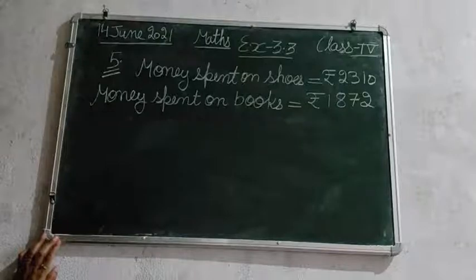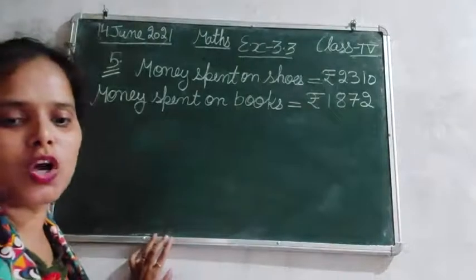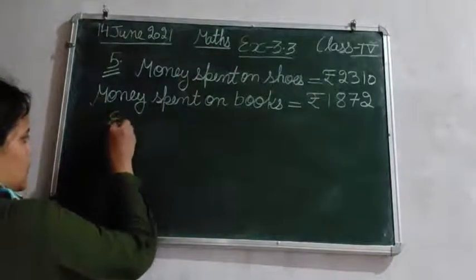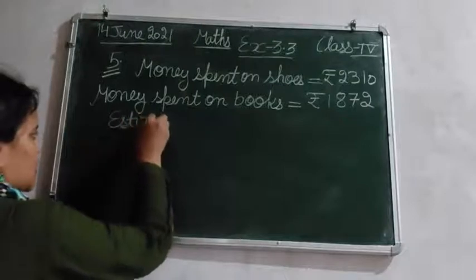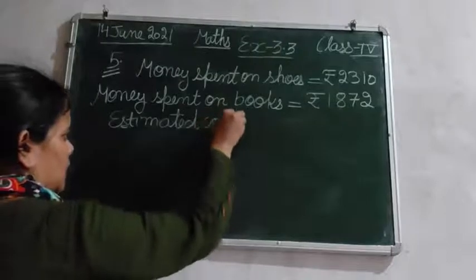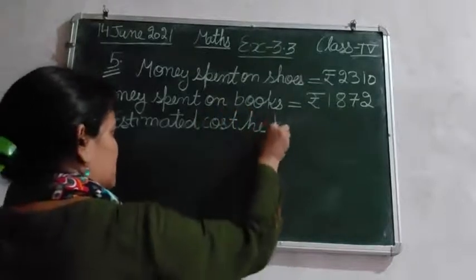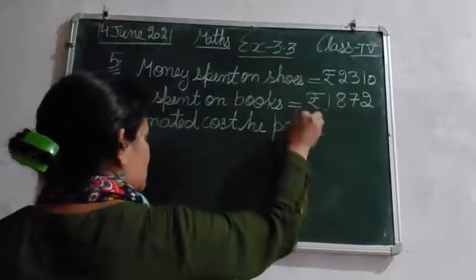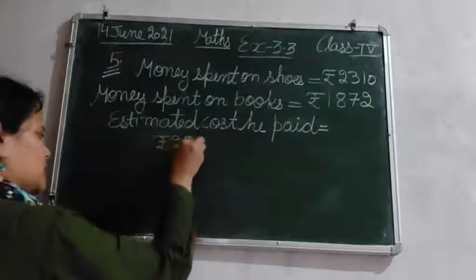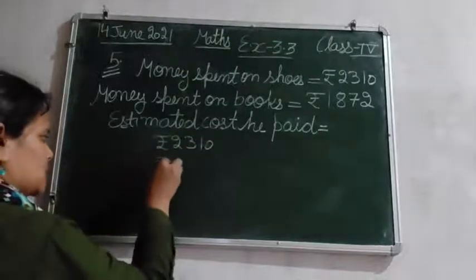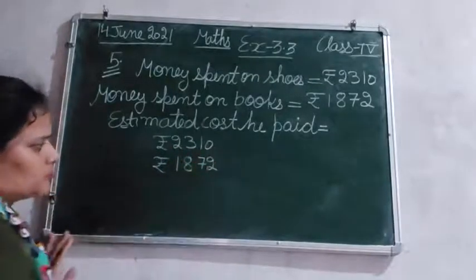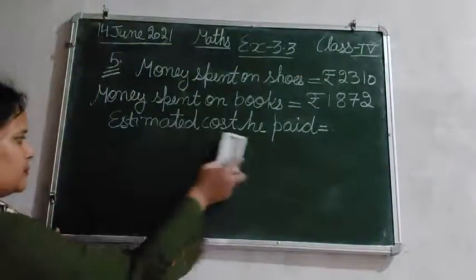Now we need to find out the estimated total cost he paid. So the numbers are rupees 2310 and rupees 1872.